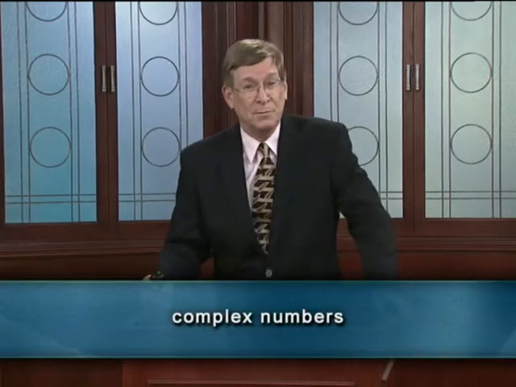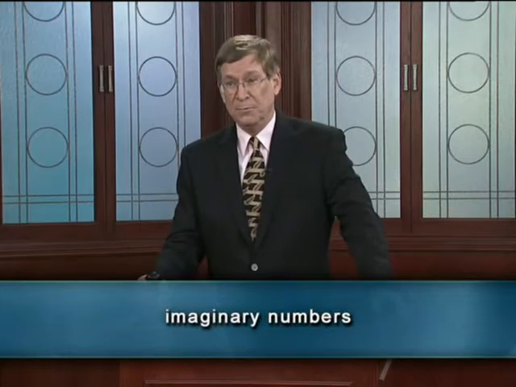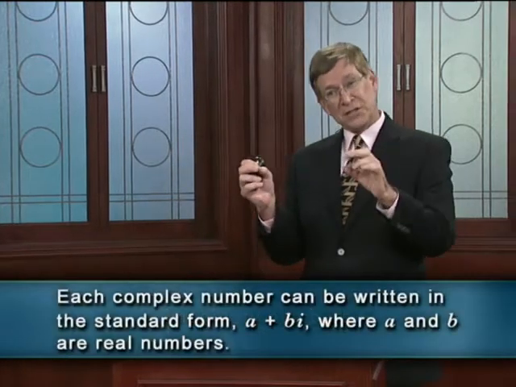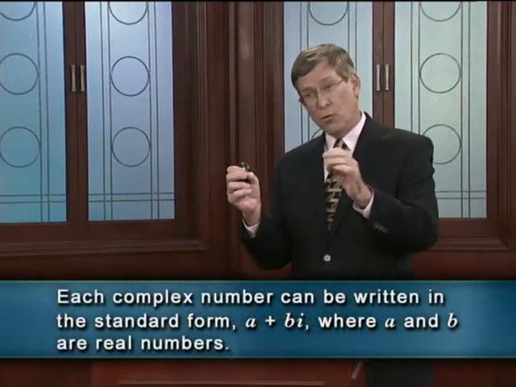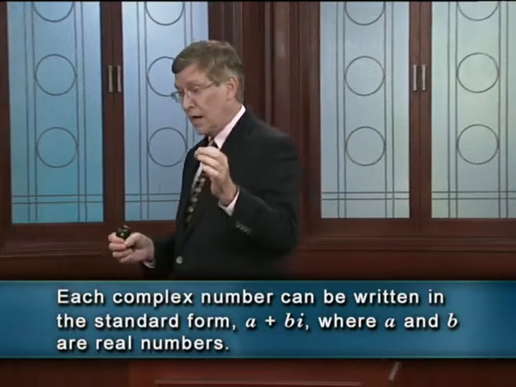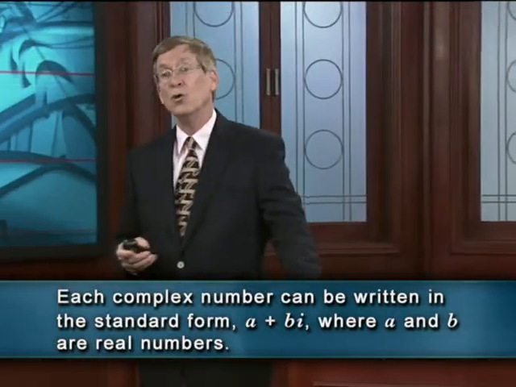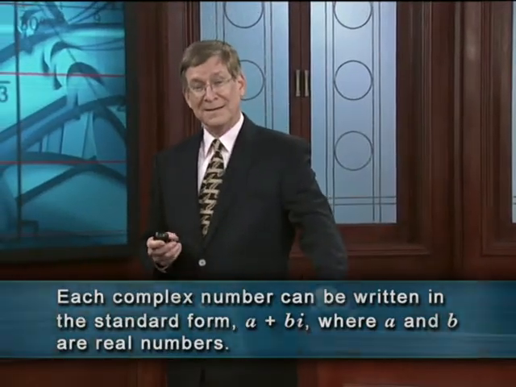In fact, if you add the real numbers together with real multiples of this imaginary unit i, you obtain what we call the complex numbers, or the imaginary numbers. Each complex number can be written in standard form a plus bi, where a and b are both real numbers. Okay, a little complicated. Let me talk a little more about some of the terminology, and then we'll do some examples.